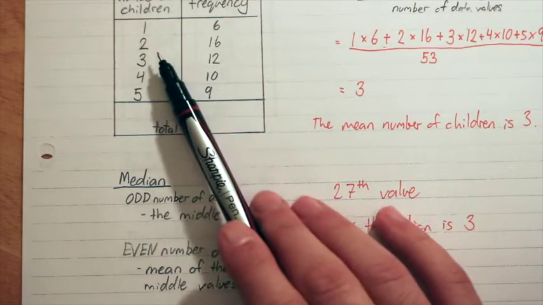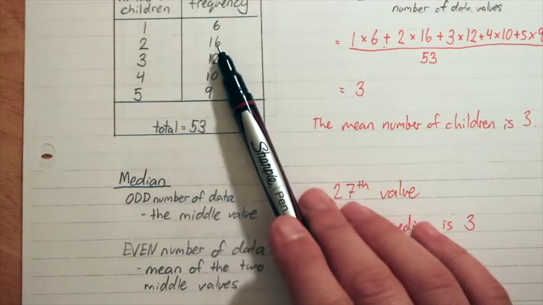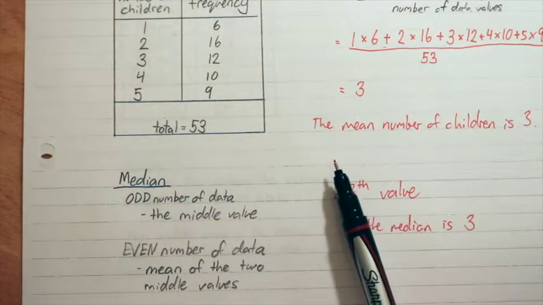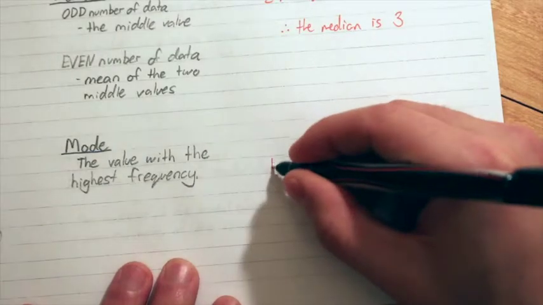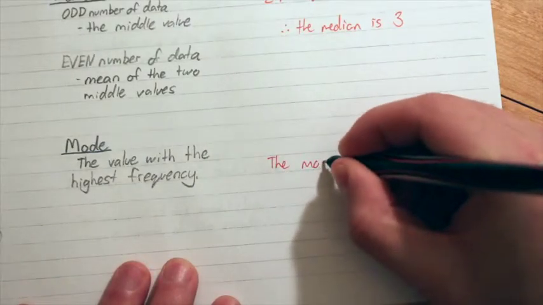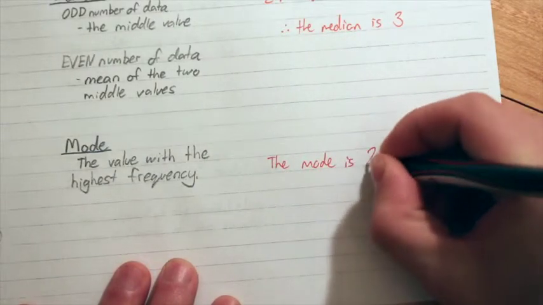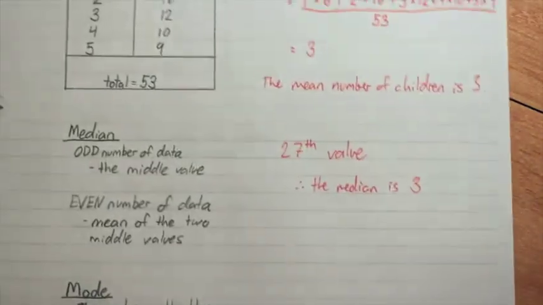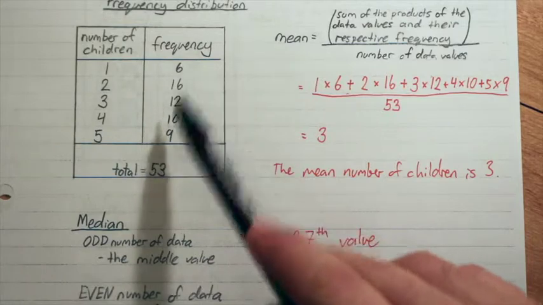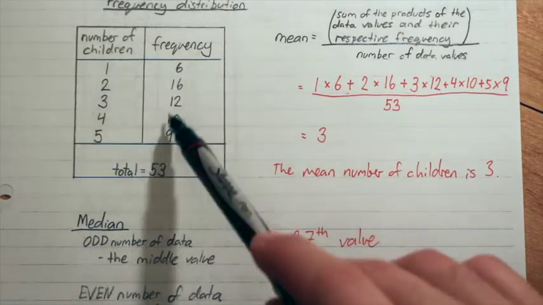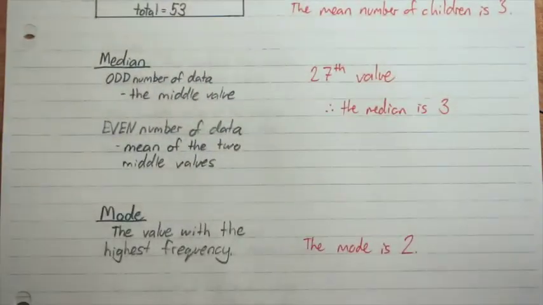Well, it's 2. 2 appears 16 times in this set. That's all it is, the value with the highest frequency. So in this case, the mode is 2. Again, just looking at the frequency makes it very simple to see which one appears the most in a set of data.